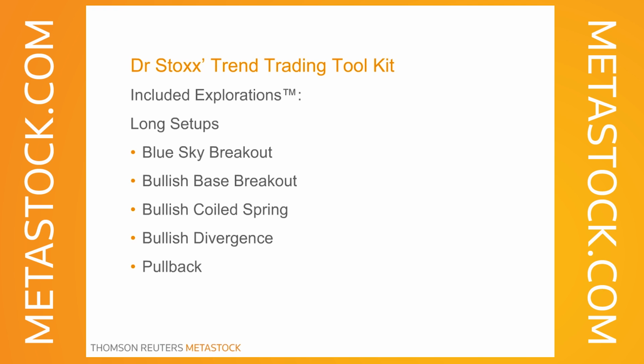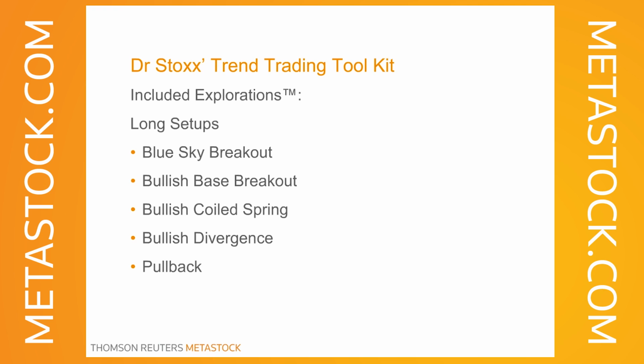STC gets a very good question, scanning for divergence. Among the explorations, there are a couple of systems that actually rely on divergence. There is the bullish divergence exploration and the bearish divergence exploration. And just briefly, the bullish divergence looks for stocks that are in a long-term uptrend but are currently selling off.